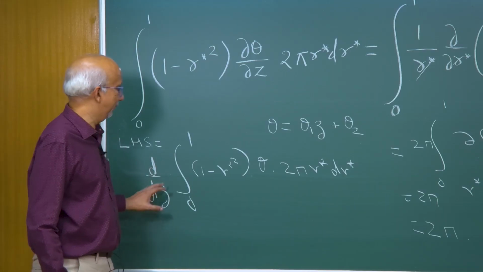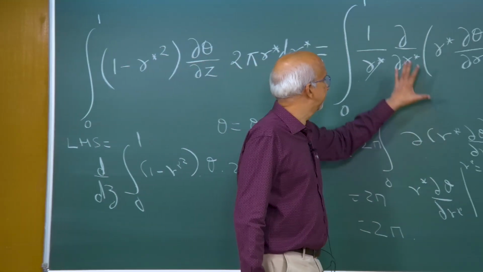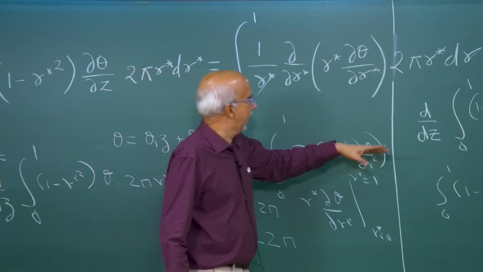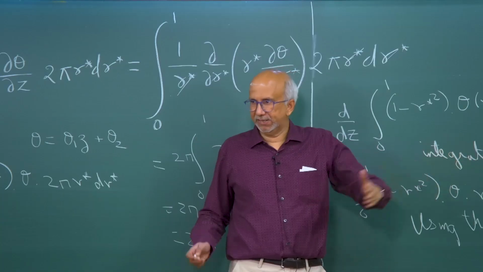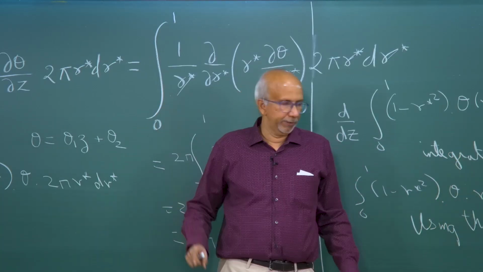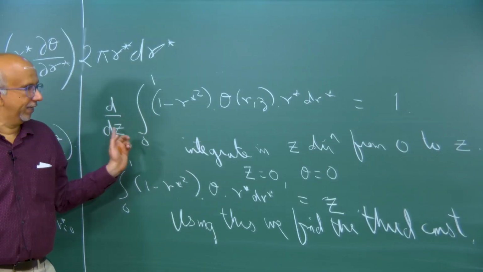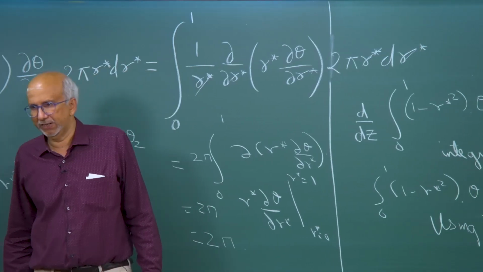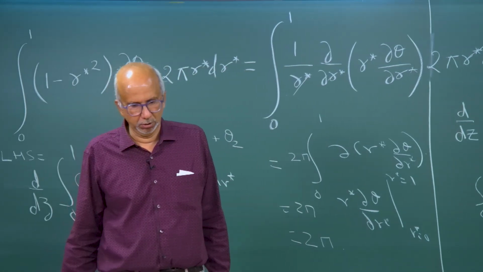I get d by dz of this equal to this thing also integrated in the r direction, I get 2 pi, and now I am integrating again in the z direction along the length of the channel. So, first integrating in r, then integrating in z, and then equating, I will get the unknown constant. That is just some integration which you have to do.